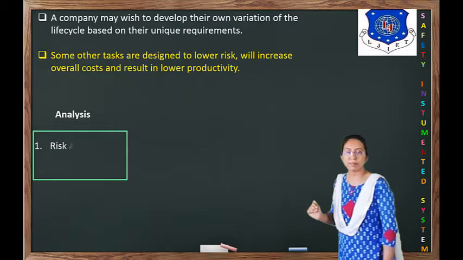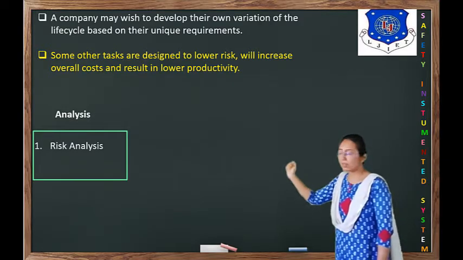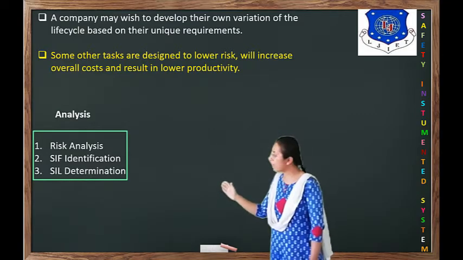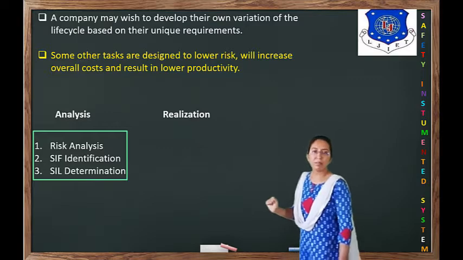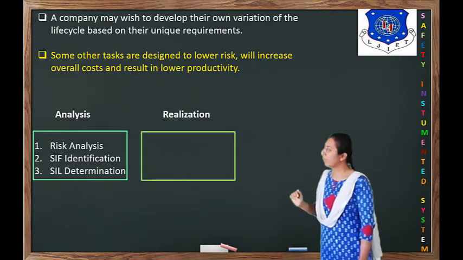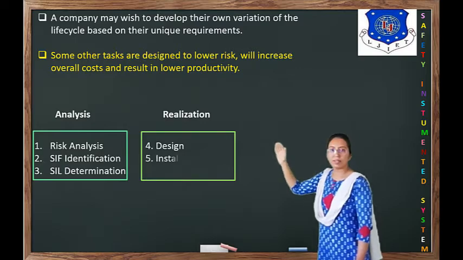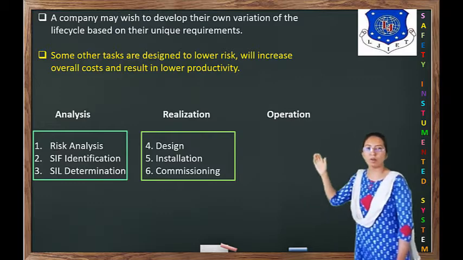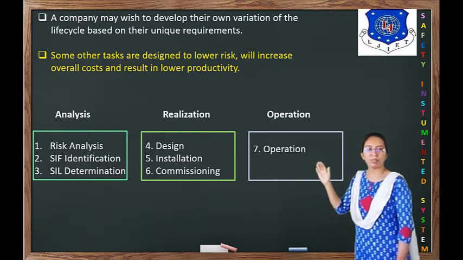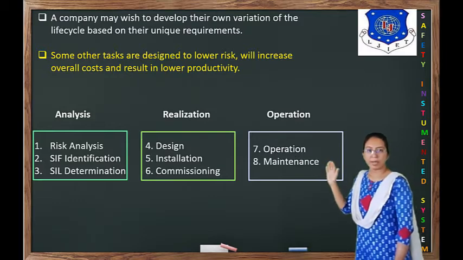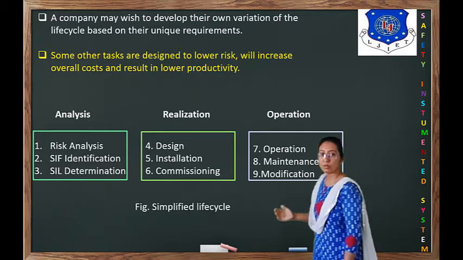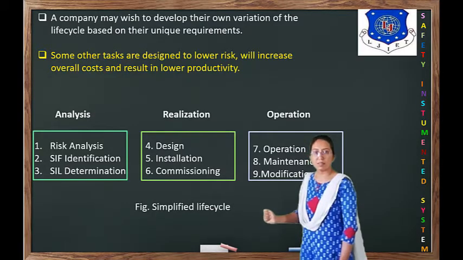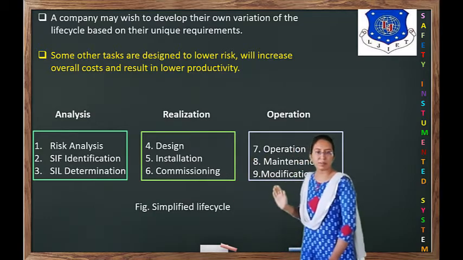In analysis: first risk analysis, second SIF identification, then SIL determination. Second part is realization. In realization: design, installation and commissioning. And the third part is operation, and in operation: maintenance and modification. So this is a diagram of the simplified life cycle. Let's see all the points one by one.